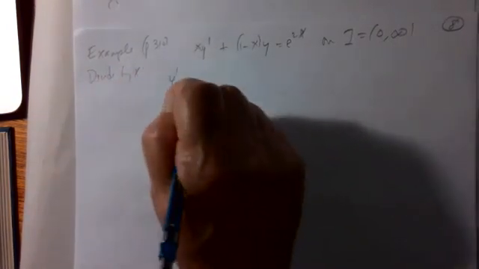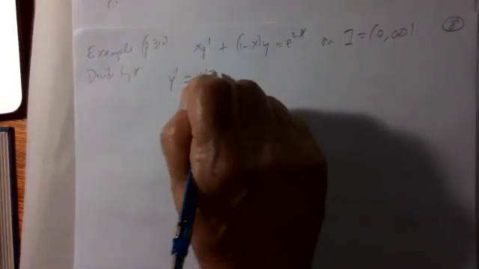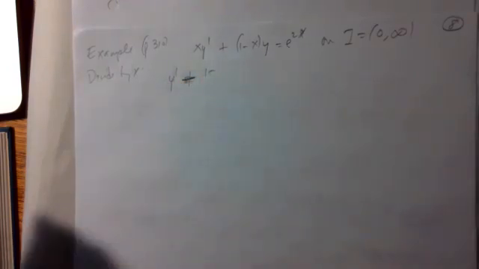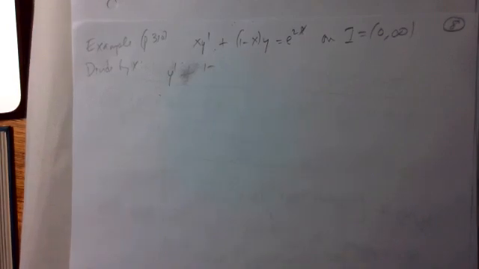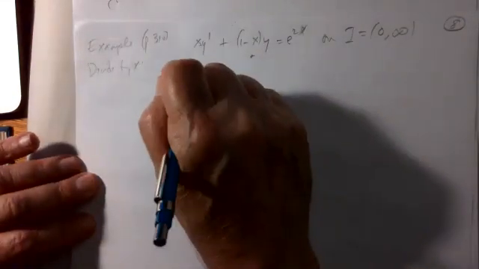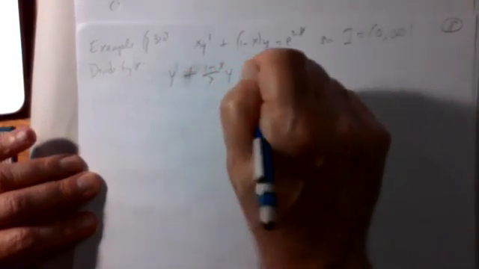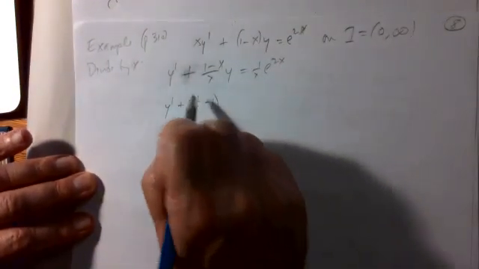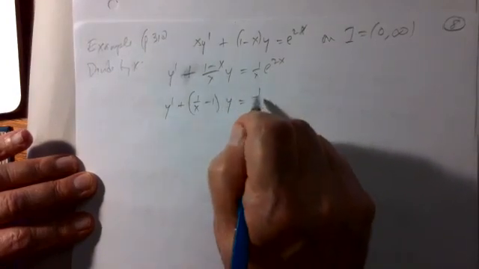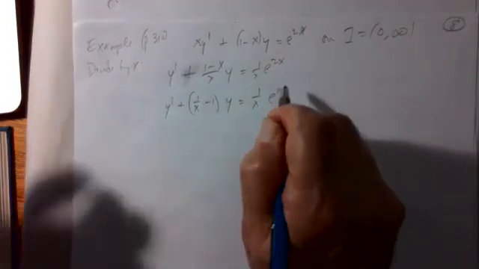And we get y prime plus one minus x over x y equals 1 over x, e to the 2x. Or if you like, y prime plus 1 over x minus 1 y equals 1 over x, e to the 2x.